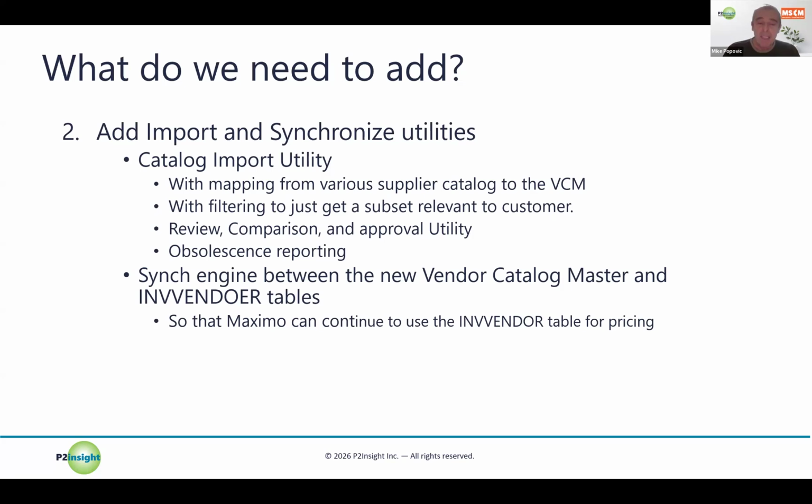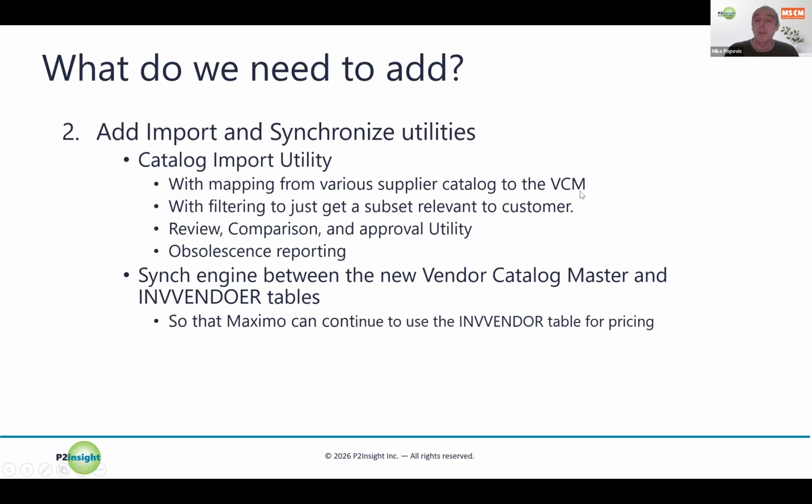Now, the next thing is really peculiar to Maximo, because Maximo out of the box uses the INVVENDOR table to default who you should buy from, the price, and all that stuff. Instead of changing the source code of Maximo to use our new vendor catalog master, we continue letting Maximo use this table, and we synchronize.